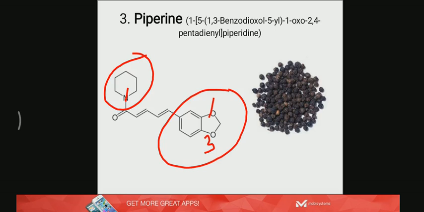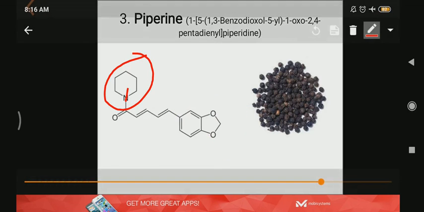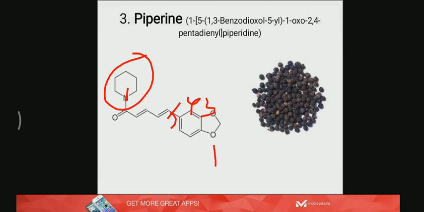That is, as we number it here, you can see that. If you number it the other way around, just take this, you can number it this way better. So 1, 2, it is 3, then 4, and this is 5. So the attached carbon is 5 of this benzodioxole ring, so that is why it is 5-yl.